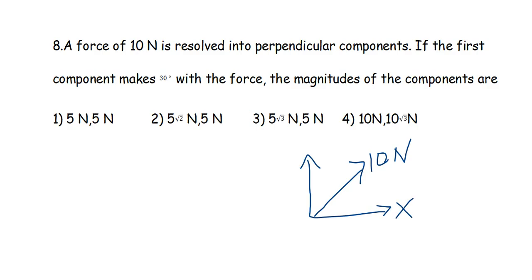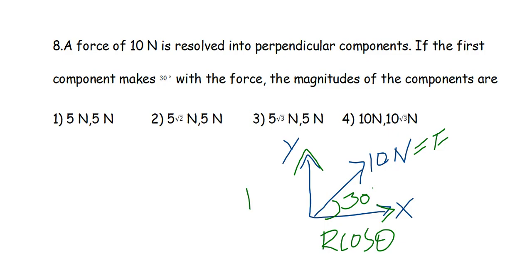The first component makes an angle of 30 degrees with the force. We need to find the magnitude of the components F1, the component along the x-axis and along the y-axis. When a vector makes some angle with the x-axis, we said it has two components. The x component in the x direction is R cos theta, and the y component is R sin theta. These are the fundamentals we discussed earlier.